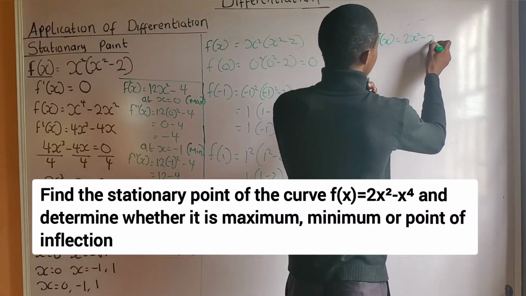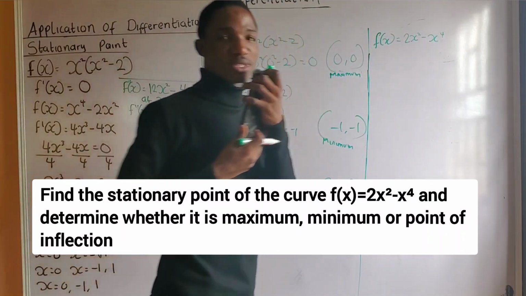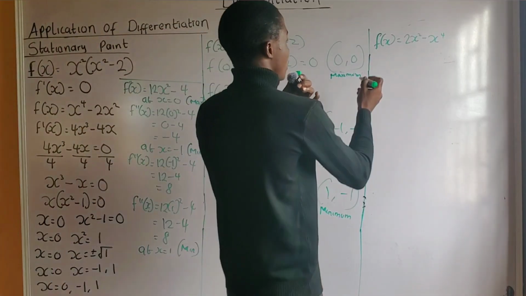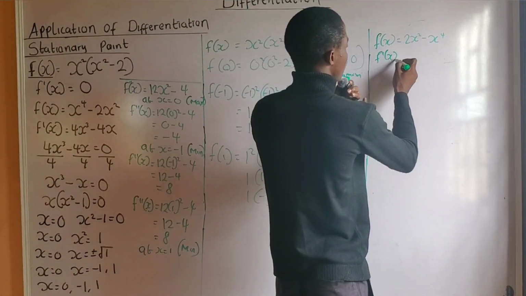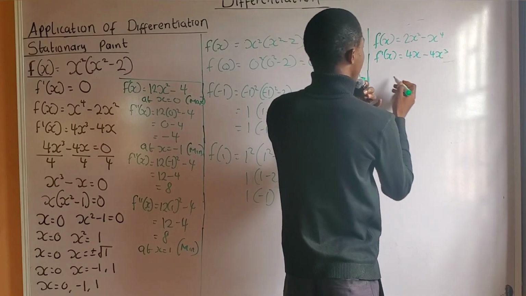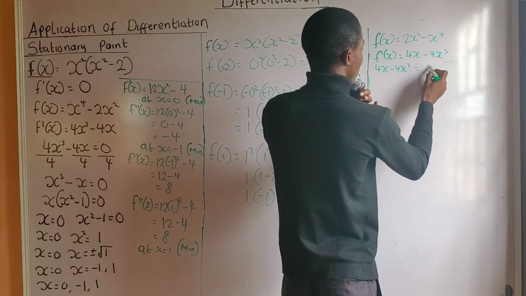At a stationary point, the first derivative of a function is 0. So f prime of x is 4x minus 4x to the power of 3, which equals 0.